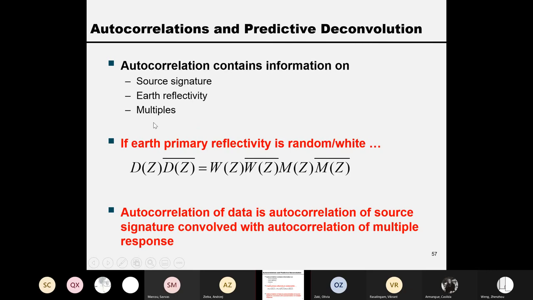In the previous slides we didn't talk about that, but now we're talking about multiples as well. Okay, now let's see how it works. Autocorrelation of a seismic trace in the Z transform domain or the Fourier transform domain is a multiplication of a spectrum with its complex conjugate.